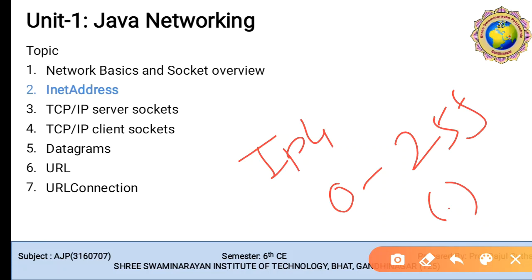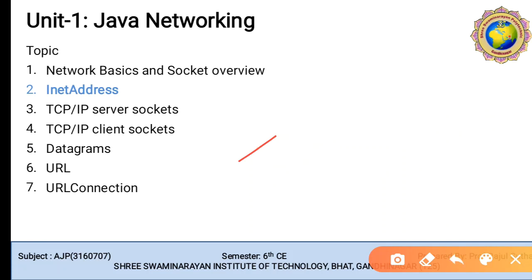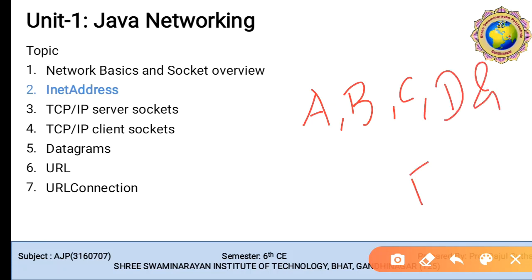It is a special type of hierarchy specifying the classes called network classes. There are 5 types of network class. We are all familiar with the network classes also from CN. We already discussed class A, class B, class C, and class D and E are also used.